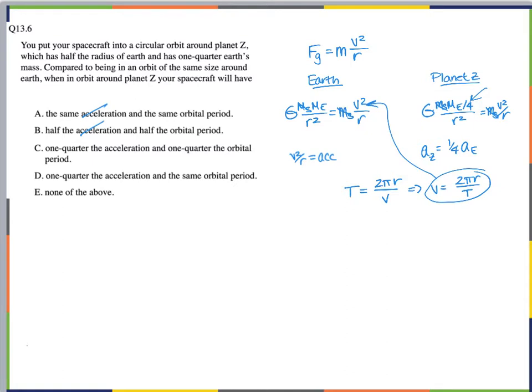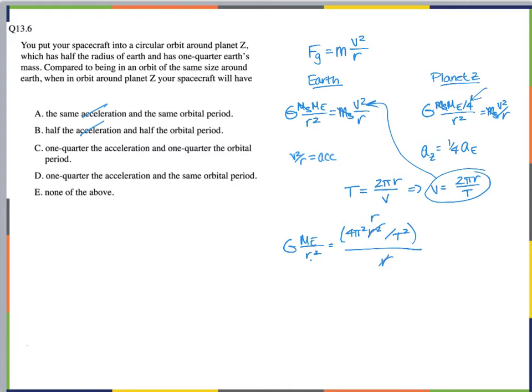If I substitute that in for velocity squared, I have big G, the mass of the Earth over r squared, equal to 4 pi squared r squared over t squared, that's v squared, over r. All right, so we got a bunch of r's that we have to deal with. There's an r squared here, an r squared here.